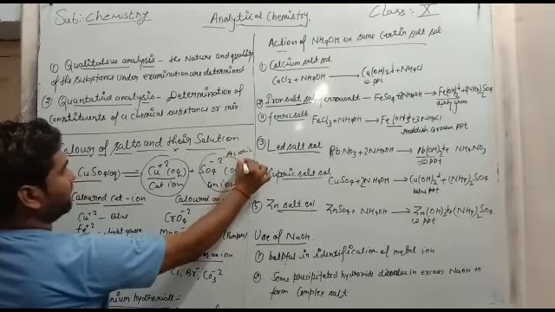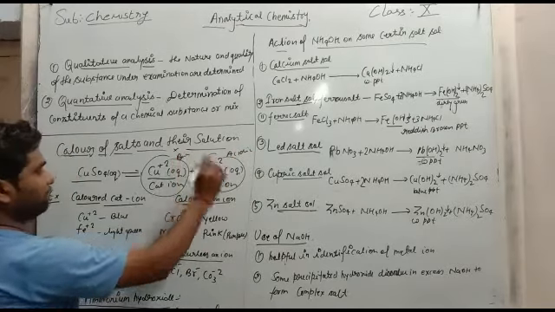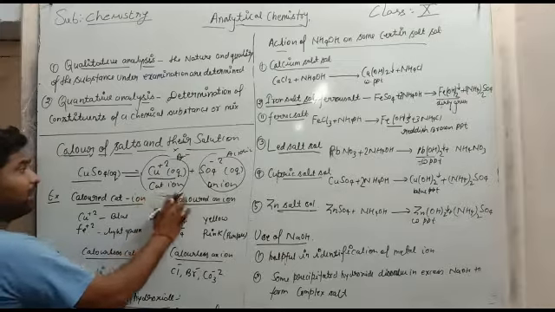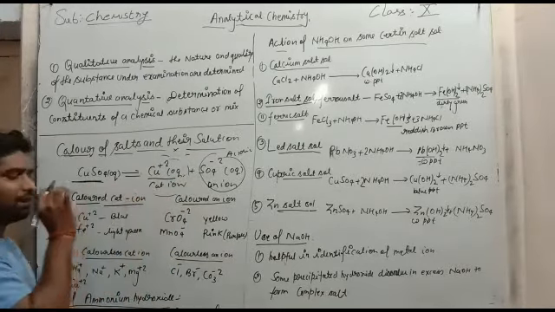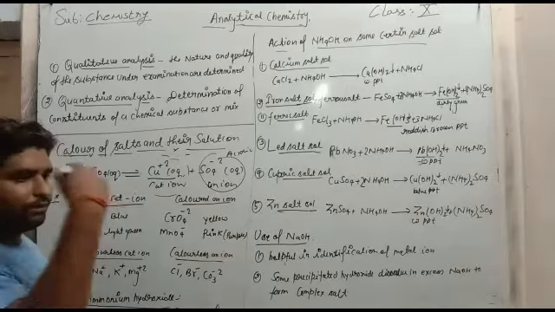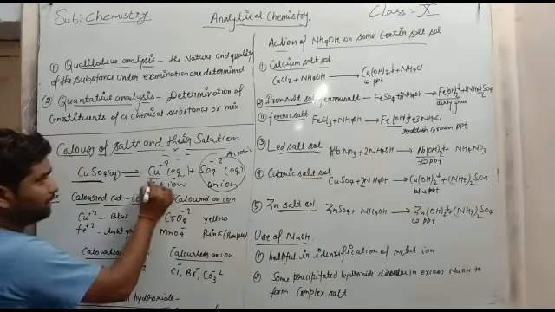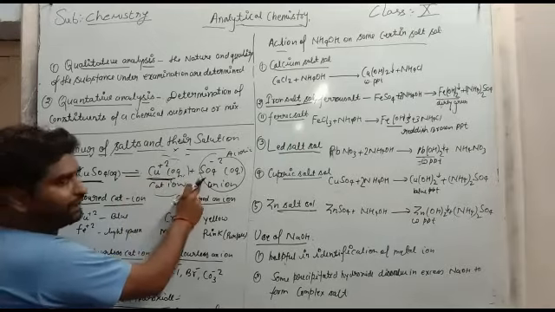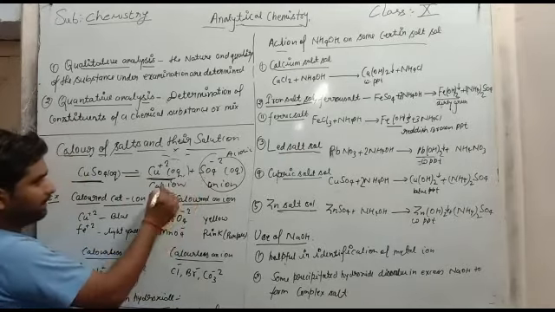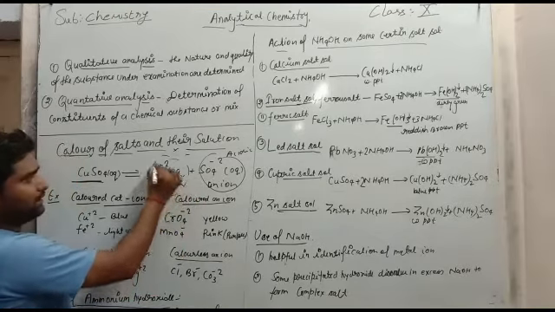In aqueous solution, that means when copper sulfate dissolves in water, Cu plus 2, known as the cupric ion, and sulfate ions will be generated, and the color of this ion is blue.